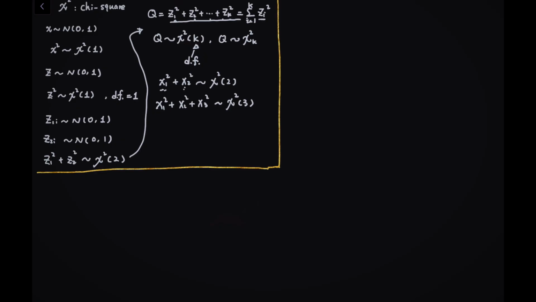Now let's look at the relationship between the chi-square distribution and the chi-square statistic. The chi-square statistic looks like this: the sum of observed frequency minus expected frequencies, squared, divided by expected frequencies.